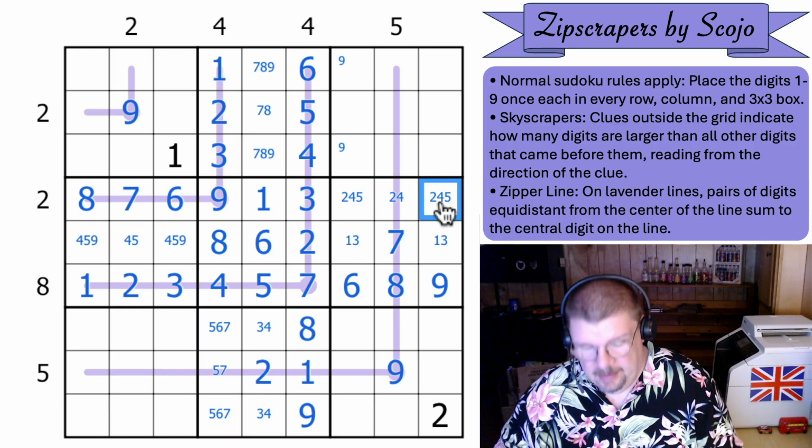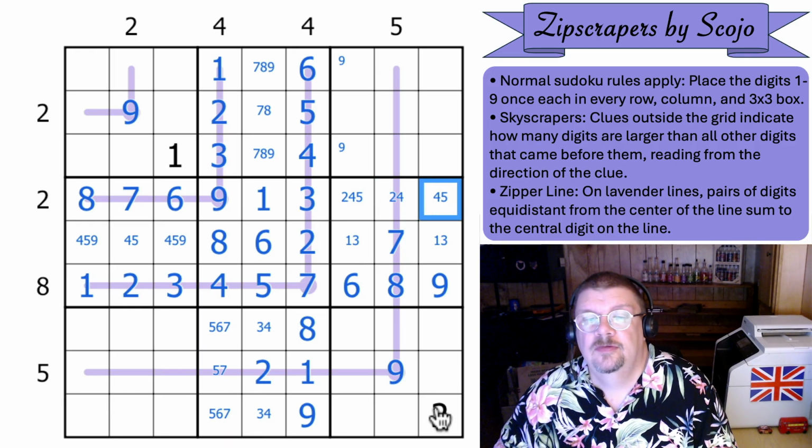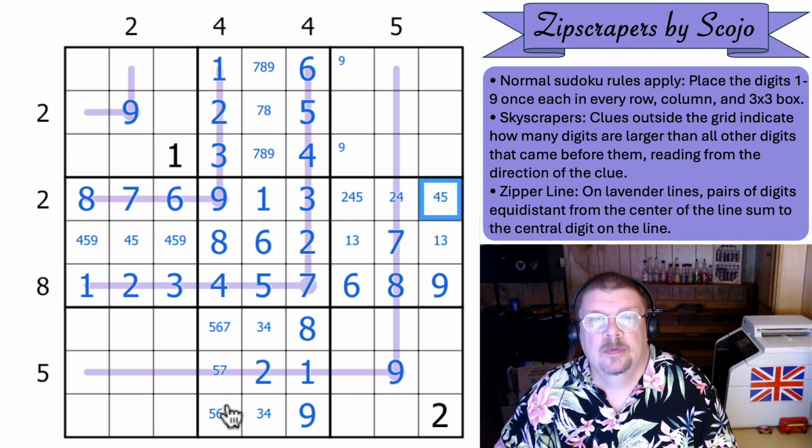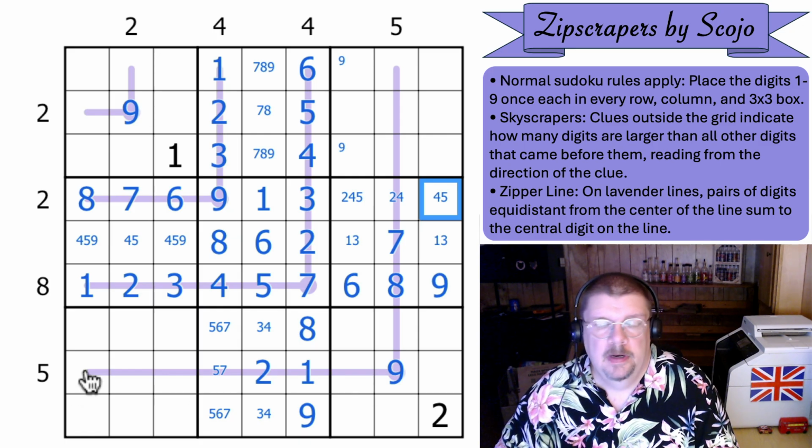All right, that's not a 2 by Sudoku. All right, I'm going to start looking at this, I think.